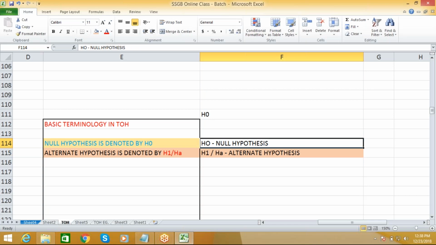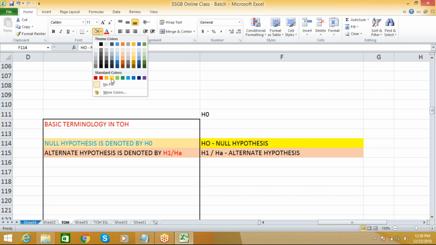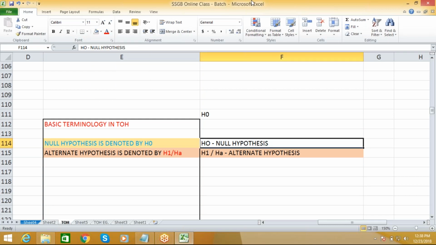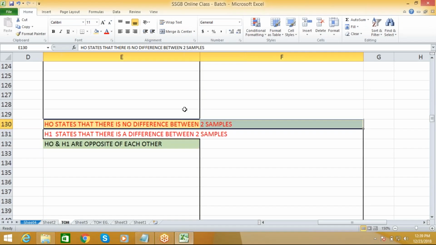All right. Now these are the two hypotheses. Let's try to understand the meaning of these two hypotheses. Let's scroll down and understand the difference between the two. What is the meaning of the null and the alternate hypothesis? The null hypothesis states that there is no difference between two samples or two groups of data.